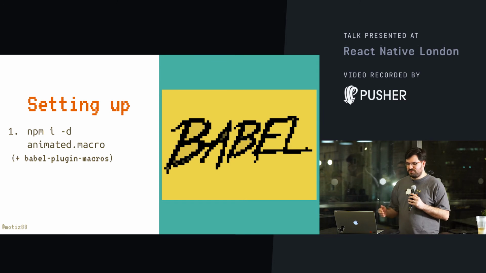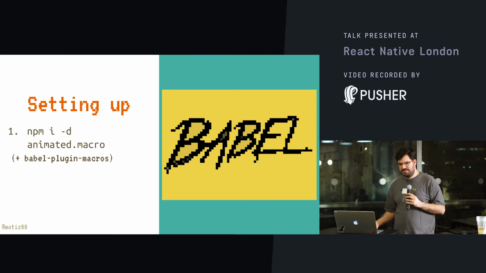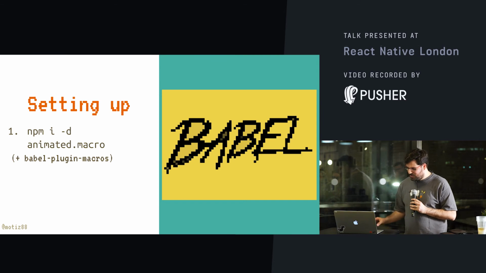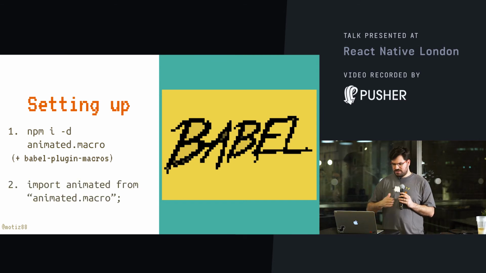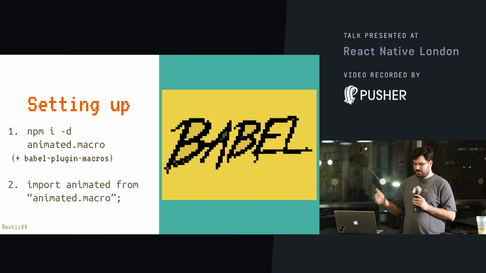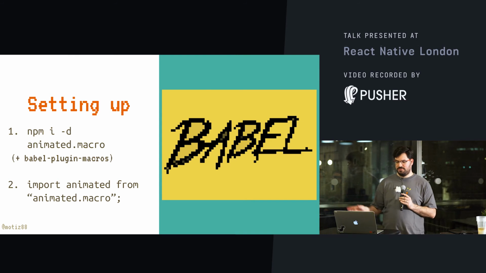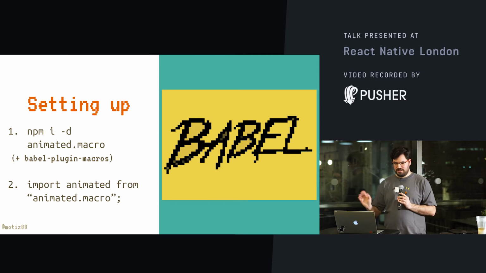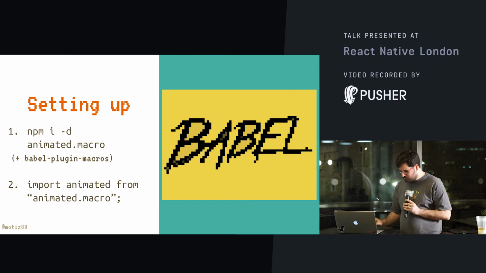As someone who has written Babel plugins and used a lot of Babel plugins, this is much lighter weight, and it's actually fun. So having set up Babel plugin macros just once for your project, and having installed the animated.macro package, you import the tag function from animated.macro, and you use it like we saw before.